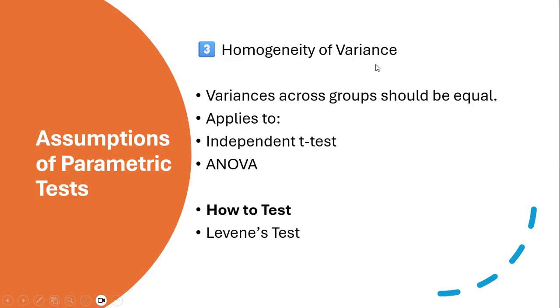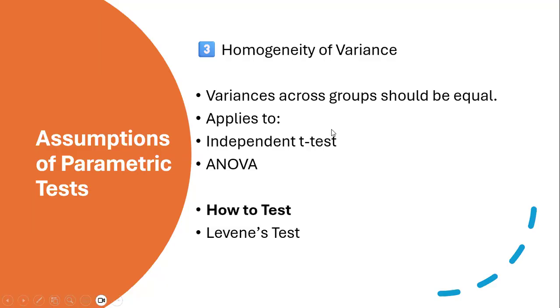What that means is that, assuming you are comparing two or more departments, and these departments are uneven in terms of the variations across the groups, then it will be very, very difficult for you to compare their outcomes, because from the outset, the groups are not the same. So you cannot expect them to be performing or exhibiting the same temperament. So that is the assumption of homogeneity of variance.